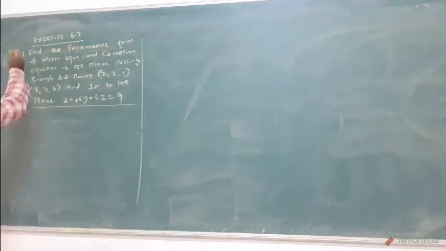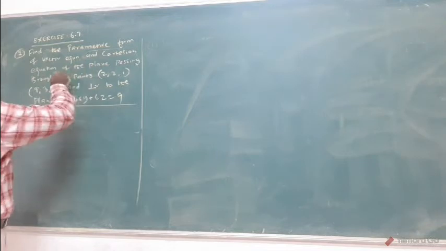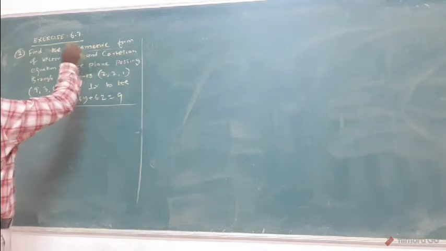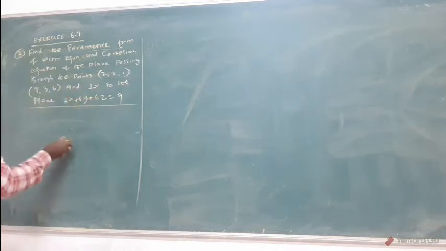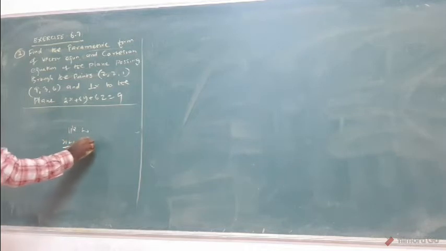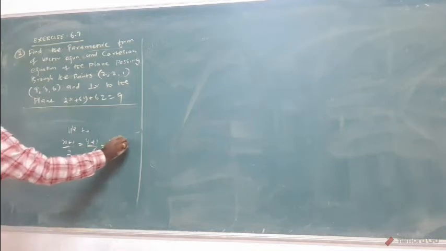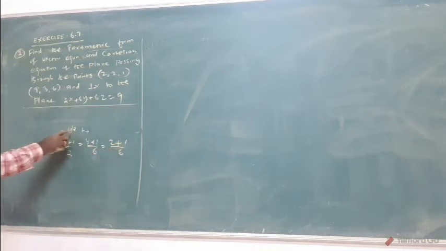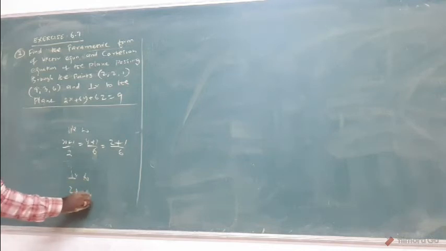Now, listen here. Exercise 6.2, 6.7, second question. Find the parametric form of the vector equation and the Cartesian equation of the plane passing through the 2 points and parallel to (x minus 1) by 2, (y plus 1) by 3, (z plus 1) by 6. Suppose this type of equation is given as parallel, or perpendicular to 2x plus 6y plus 6z.